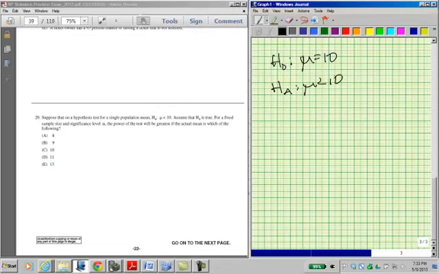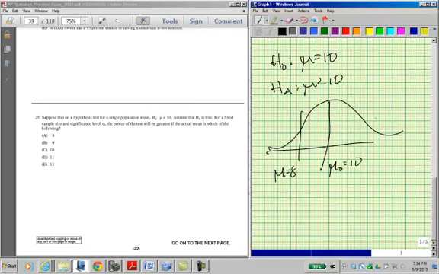So the power is greatest the further that mu is from mu sub 0, in the negative direction. So here's mu sub 0 equals 10. Okay, mu equaling 8 is the furthest away from that, and that gives the most power. All right, so the answer is A.